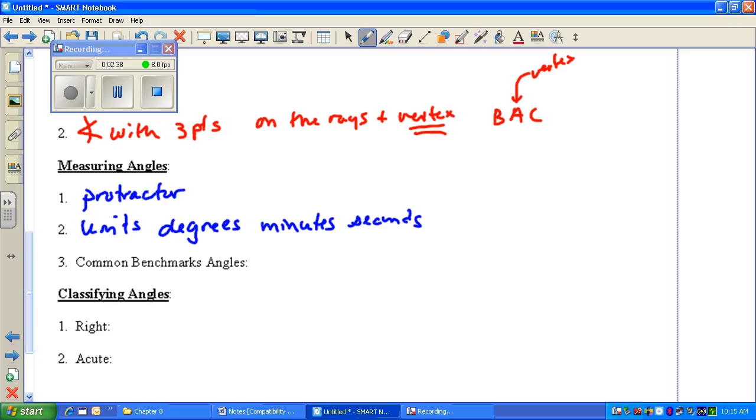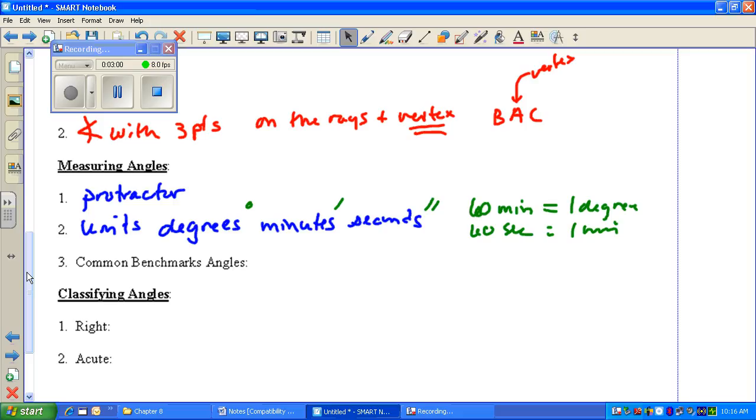So degrees have the degree notation. The minutes have 1 line, the seconds have 2. And you probably can guess there are 60 minutes in 1 degree, and there are 60 seconds in 1 minute. So those are just the smaller units of a degree.